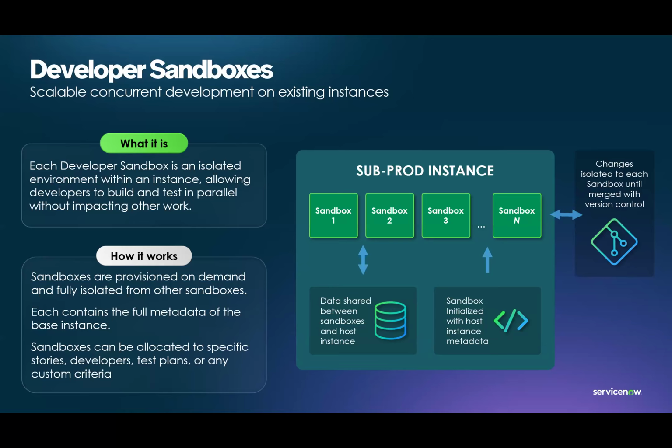So if you were to start an agile sprint or a development cycle, you could start up a number of different sandboxes and assign them to the different developers. Now they would be isolated from each other's changes, but you're guaranteed that all of those sandboxes are starting from exactly the same image. And so that's very different.